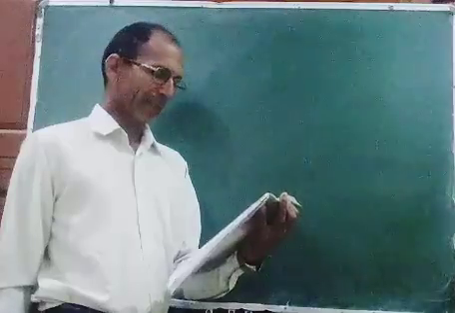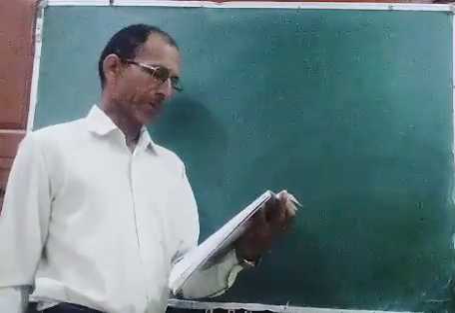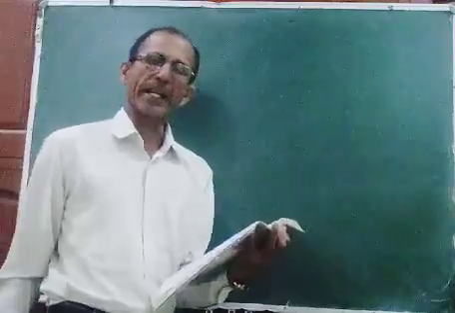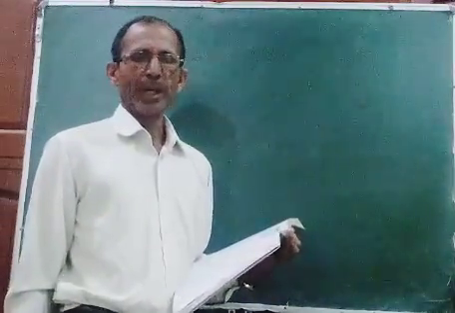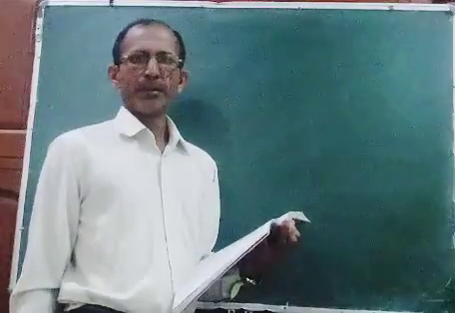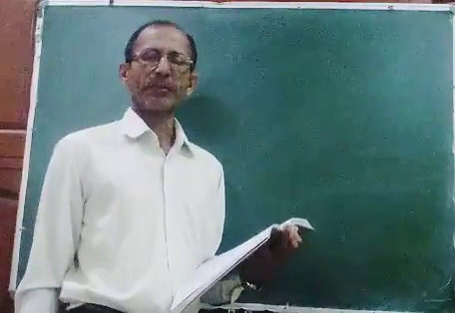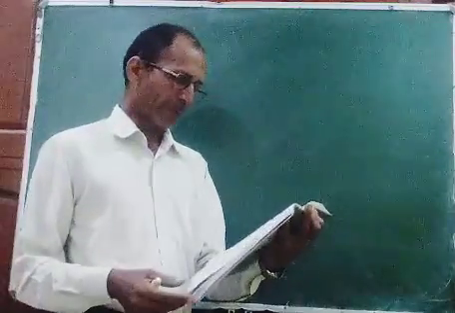S will lie in the third quadrant, I will lie in the first quadrant, and J will lie in the third quadrant. So in the beginning I told you how to identify: plus in the first quadrant, minus in the second quadrant, minus in the third quadrant, and plus in the fourth quadrant.